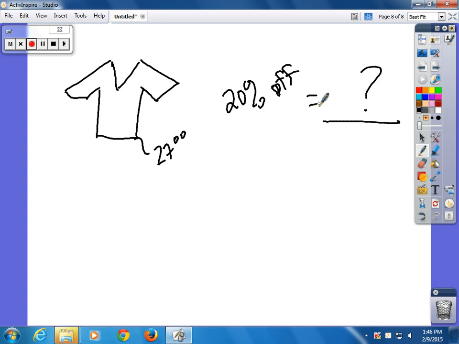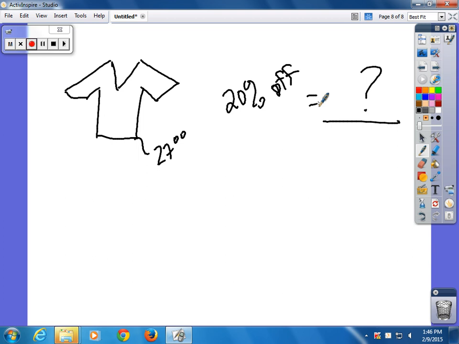Then they give you the final price and ask for the original, and you can't go backwards with it. You cannot take it off of the final price, because you don't know what the original price was. You have to know the original price in order to back it off.